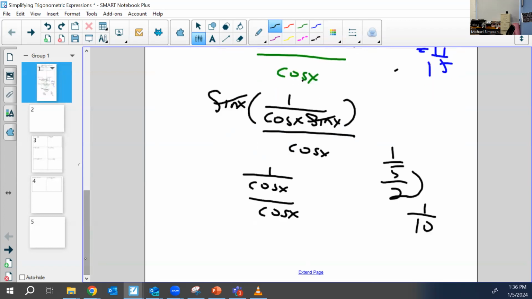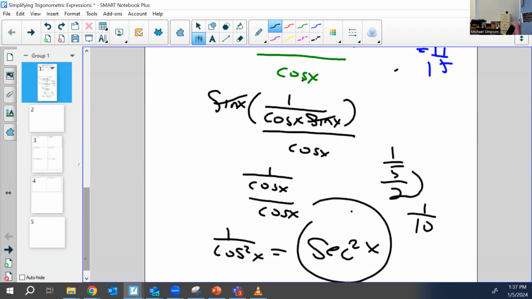So this is equal to what? Say it. 1 over cosine square. And what is that equal to? Secant square. See, what I'm saying is there are different ways you can do this. Good? All right.